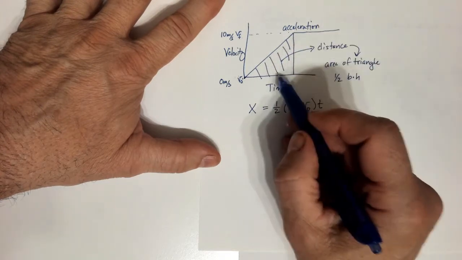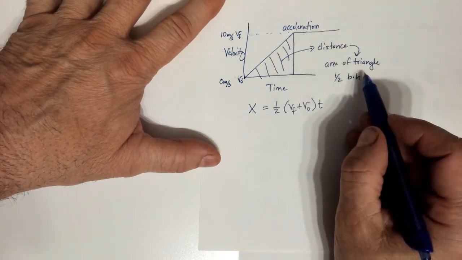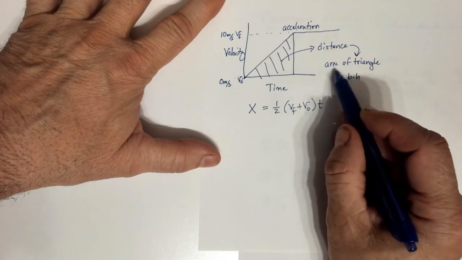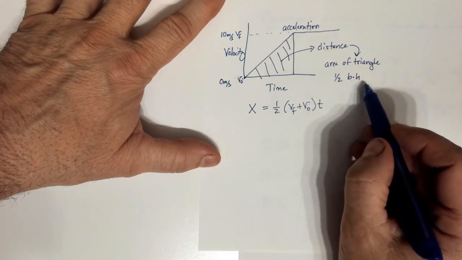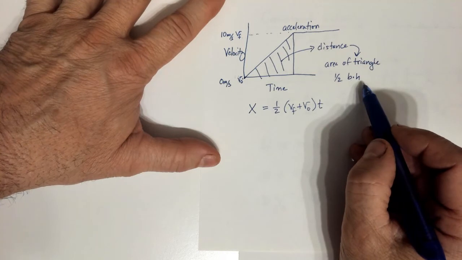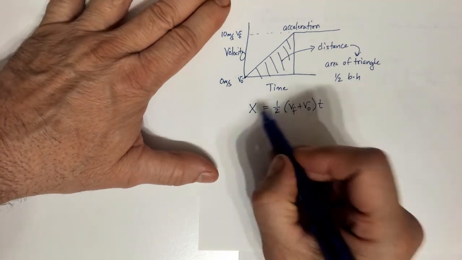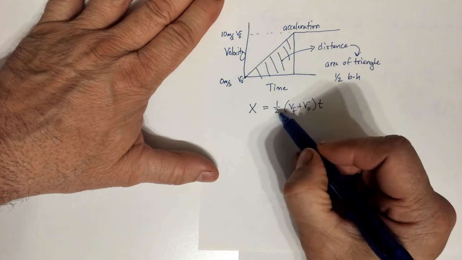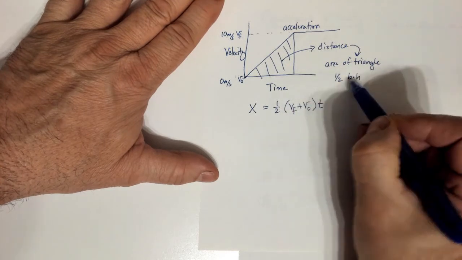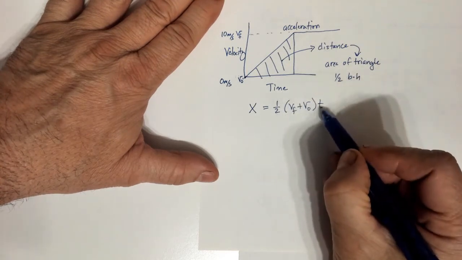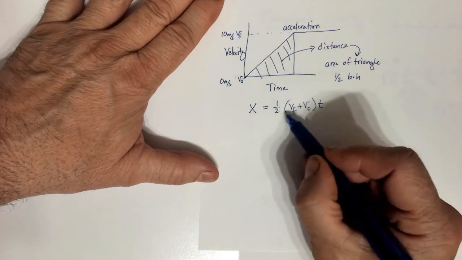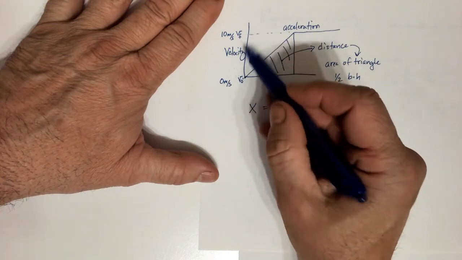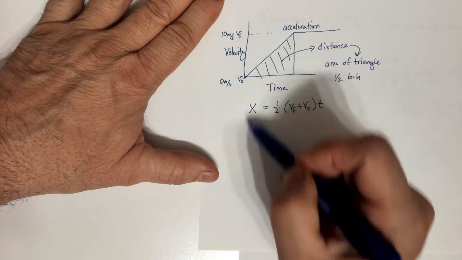Well, what's the shape? It's a triangle. And a triangle, the area of a triangle is 1/2 base times height. Okay? So all we've got to do is go x is our distance equals 1/2. Our base is time. There it is. Times, and then this, adding our 2 speeds right here, is height.